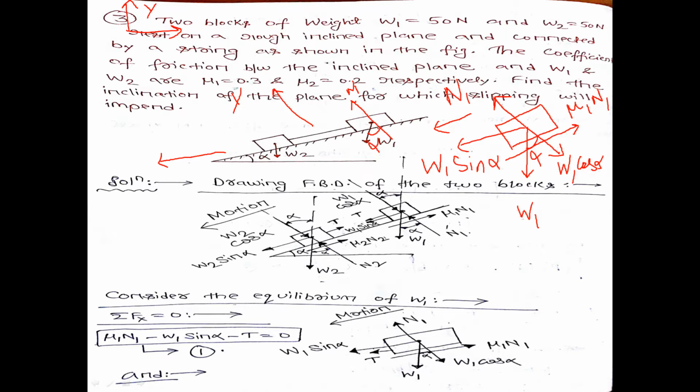The first block is also connected with the second block by a string, so it will exert a tension T on this string in this direction. This is the overall free body diagram of the first block.